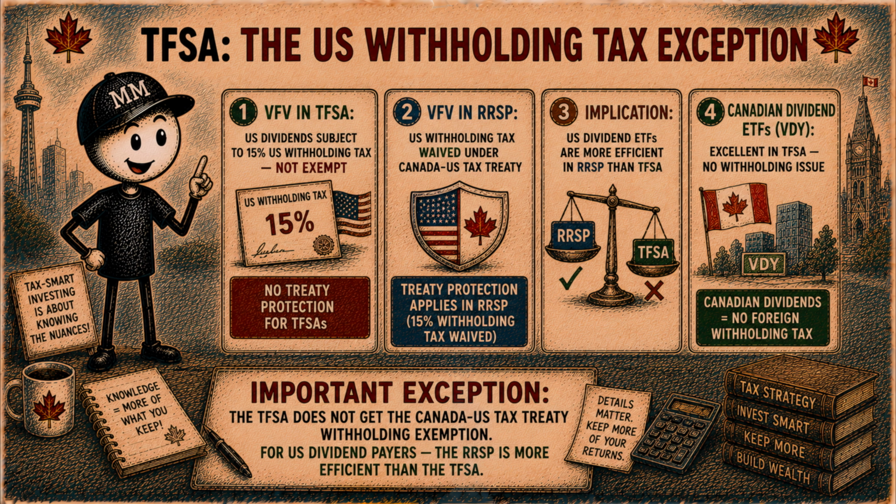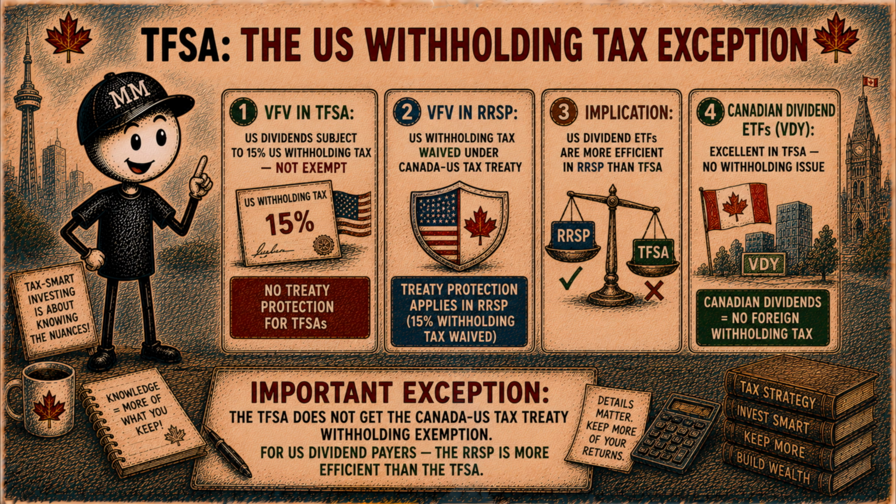And unlike an RRSP, the TFSA does not benefit from the Canada-U.S. tax treaty exemption on withholding. For this reason, some tax-efficient investors prefer to hold U.S. dividend payers in an RRSP rather than a TFSA, and hold Canadian dividend payers in a TFSA.